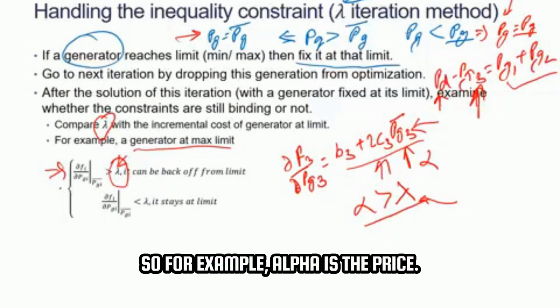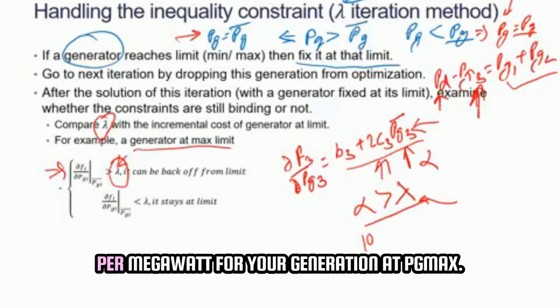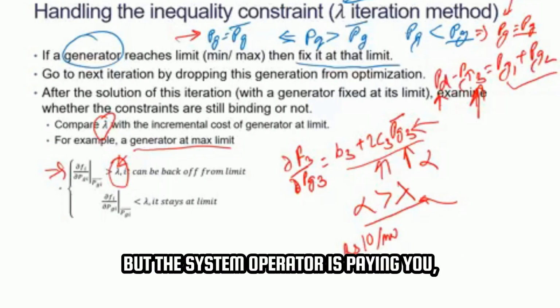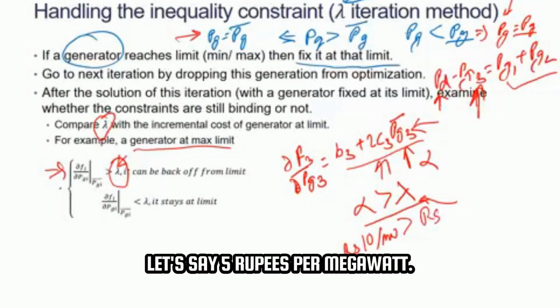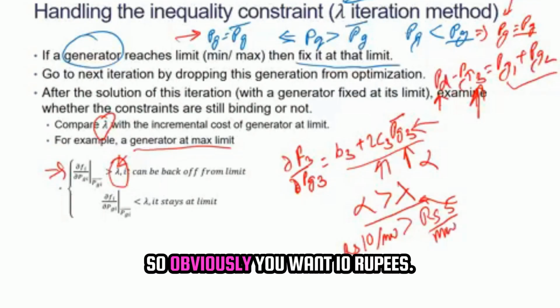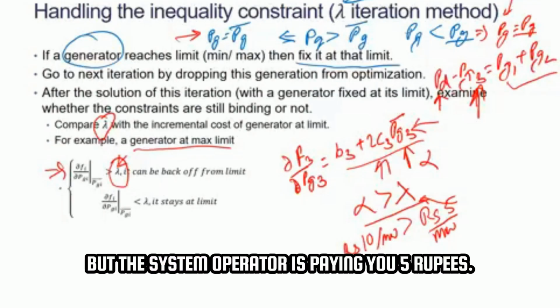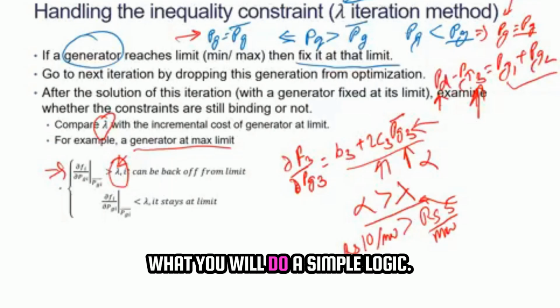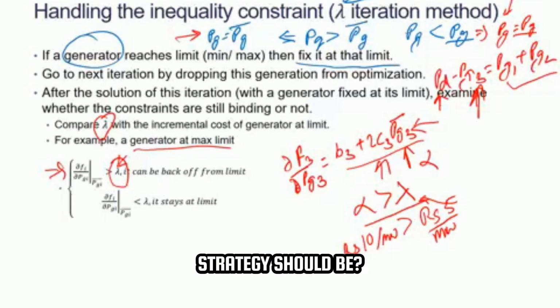For example, you want 10 rupees per megawatt for your generation at PG max, but the system operator is paying you, let's say, 5 rupees per megawatt. Obviously you want 10 rupees, but the system operator is paying you 5 rupees. What will you do? A simple logic. Can you guess what the generator strategy should be?